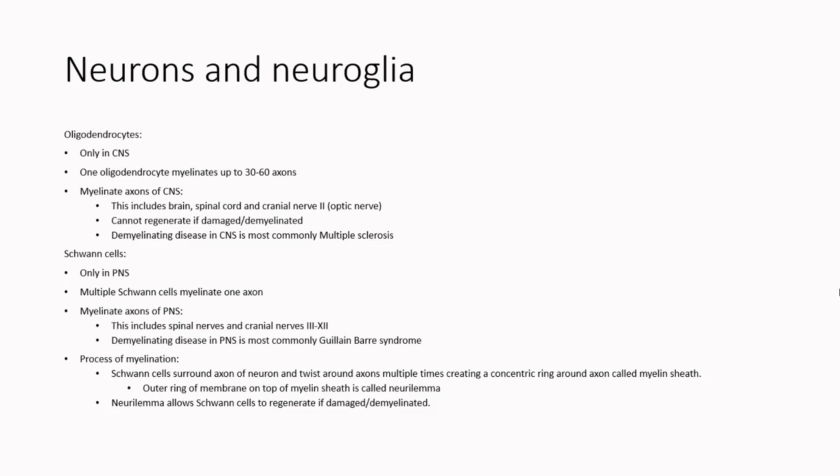And this includes the myelinated axons of the CNS. This includes the brain, spinal cord, and the optic nerve. But here's the thing, they cannot regenerate if they are damaged. So the most common demyelinating disease you're going to find in the CNS is multiple sclerosis.